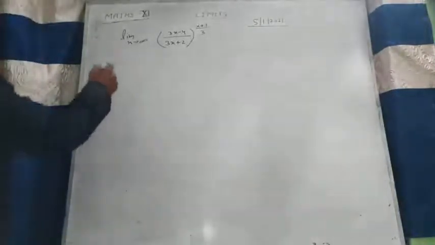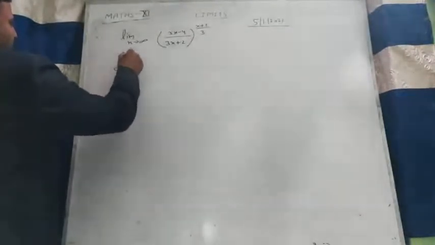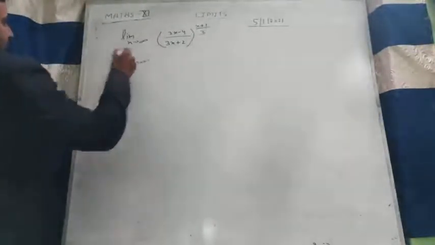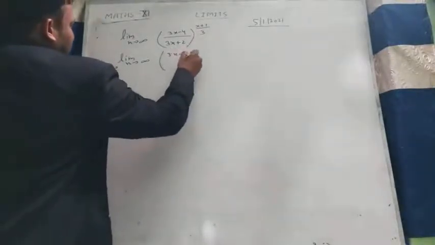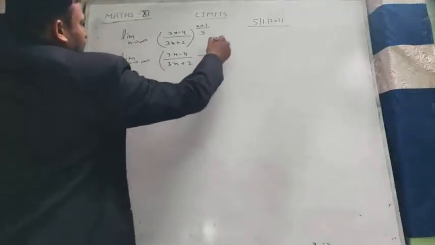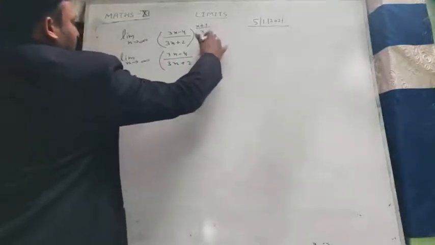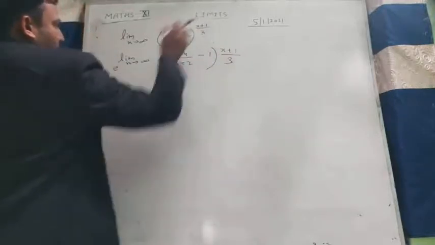First of all, we will change this to e to the power limit as x tends to infinity, and we write (3x minus 4 by 3x plus 2 minus 1) to the whole power, and here (x plus 1) by 3. This is f(x) to the power g(x).